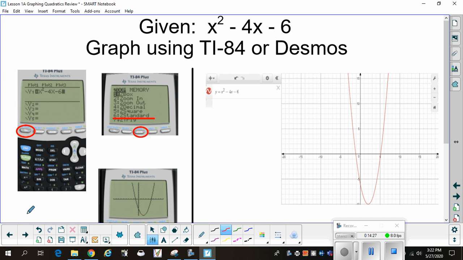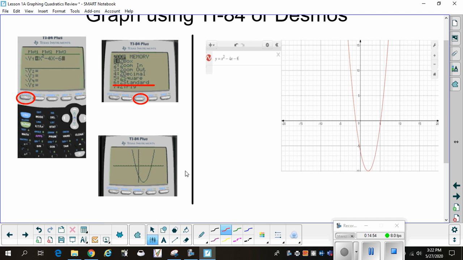will graph nicely. But once you've got it set up, you simply press y equals, enter the equation as you have it, x squared minus 4x minus 6. Make sure that you do minus and not negatives there, otherwise it will give you a problem. Then you can press the zoom key and select number 6, which is z standard. That will give you a graph from negative 10 to positive 10 on the x-axis and negative 10 to positive 10 on the y-axis.